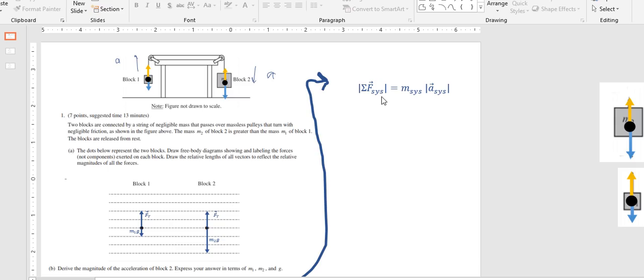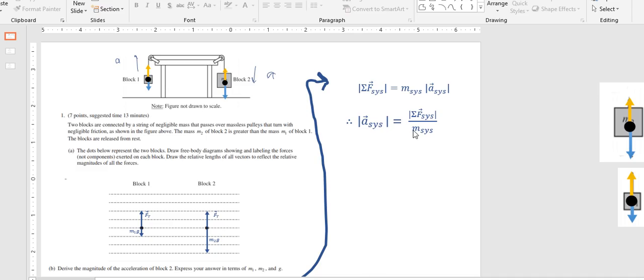They just mean the magnitude, the amount without the direction. So the net force on the system equals the mass of the system times the magnitude of acceleration of the system. Let's rearrange that. Or you could just start off with this equation, but I just rearranged it to solve for acceleration.